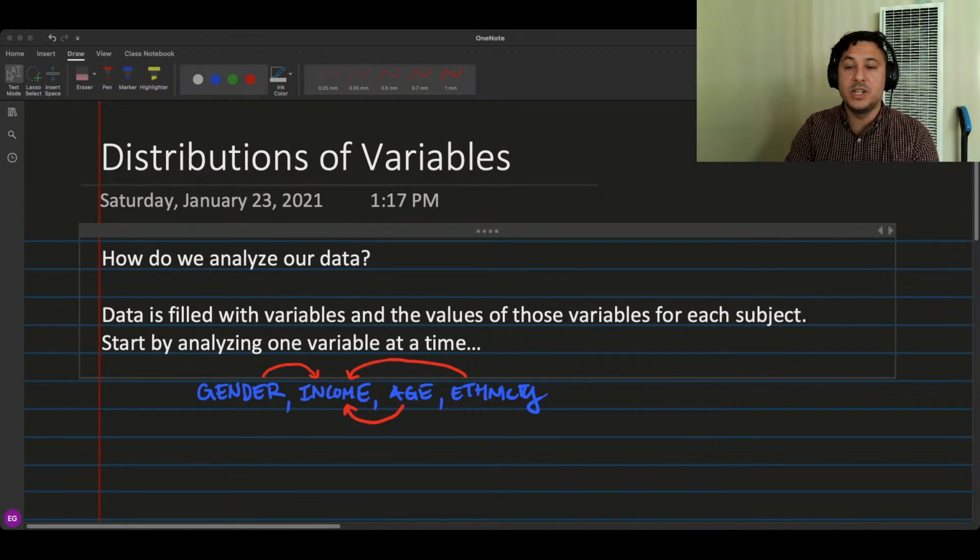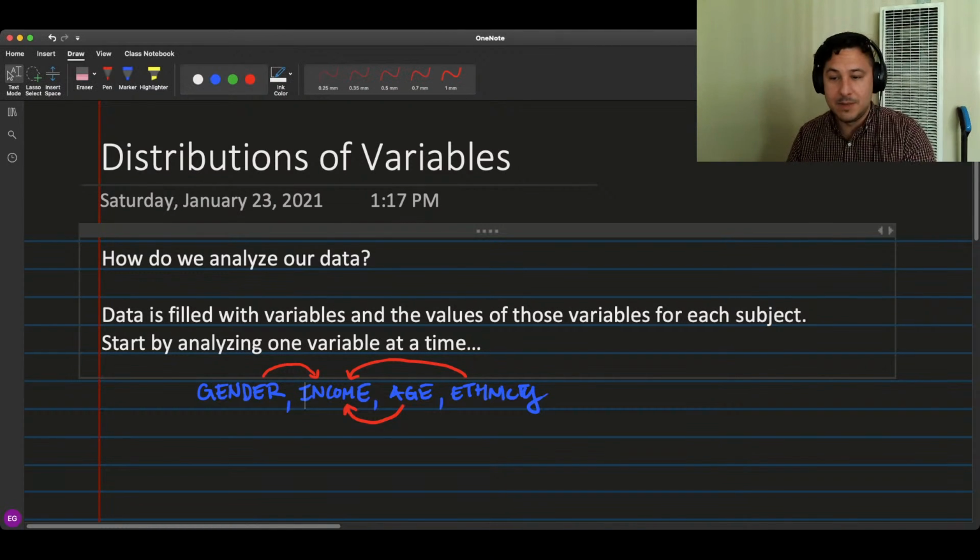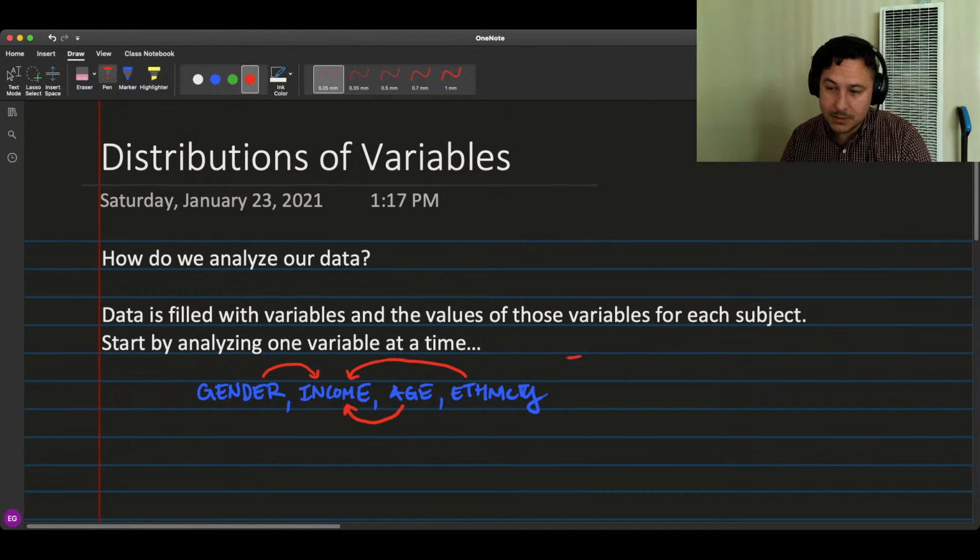So for now we're just going to look at one variable at a time. Interactions and relationships between variables we will discuss later.